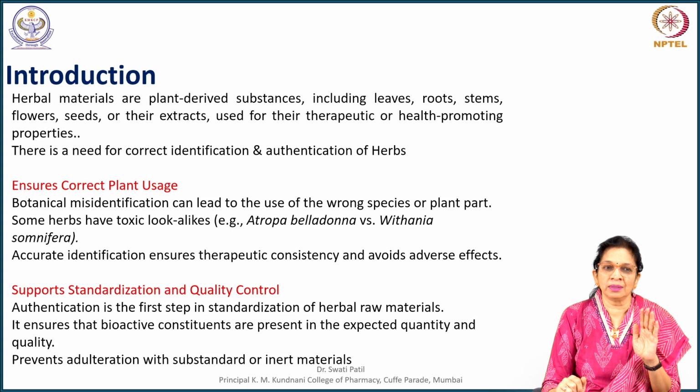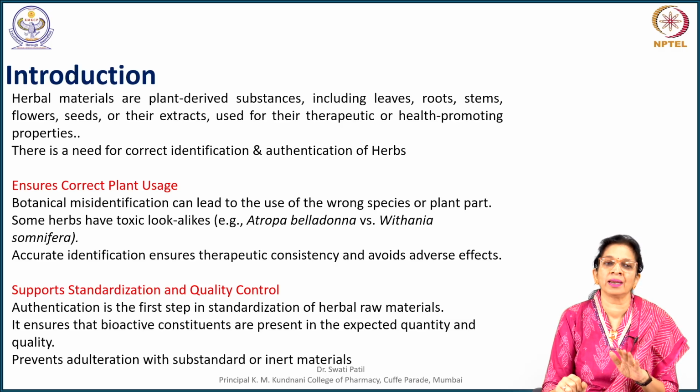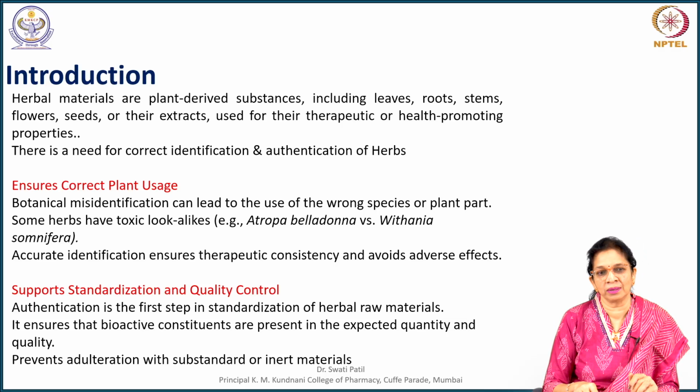Hence, there is a need for correct identification and authentication of these herbs which become part of a formulation. This identification and authentication ensures the correct use of the plant.